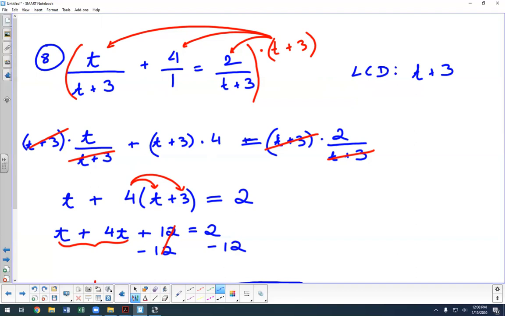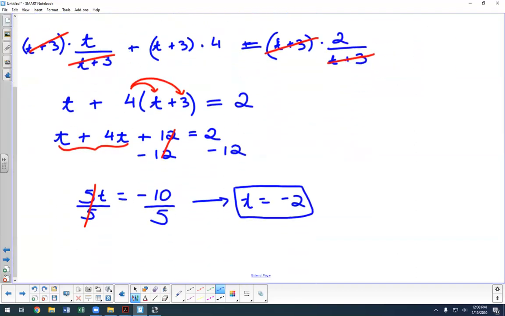What should my t value have been if I was going to get a 0 at the bottom? -3, yeah, because -3 and +3 would make my denominator a 0. So as long as I don't have a -3 in there, we're actually safe. So make sure you check for the denominator when you write these answers down.